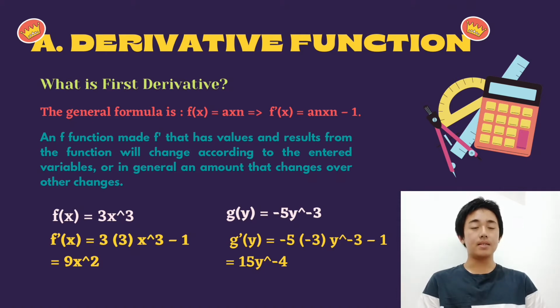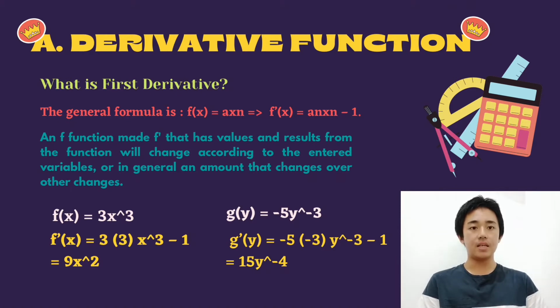Next is the second example, g(y) equals negative 5y to the power of negative 3. It's actually the same. So g prime y equals negative 5, and we multiply it with the power, negative 3. We put it down, multiply with negative 5, and we get 15.